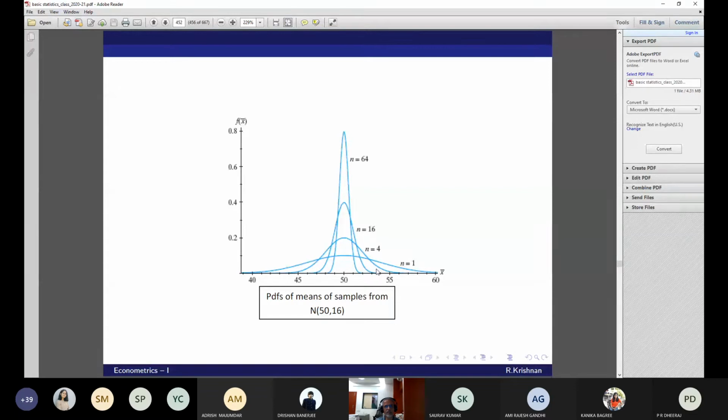What is happening to the PDF? It's becoming more concentrated around the mean. So it becomes leptokurtic. Yes. Consistency. Can you see as the sample size increases, the PDF is getting more and more concentrated around the value 50.